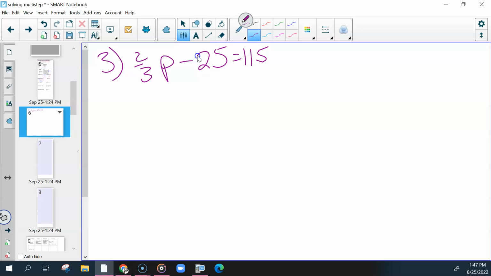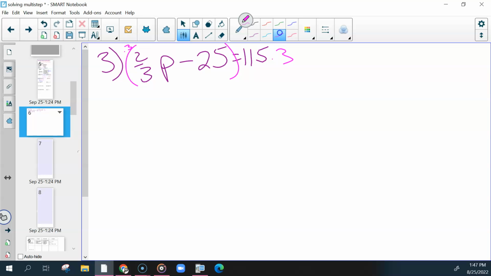Just like that other problem we did where we had to multiply the entire thing by something, we'd have to do that here as well. So to get rid of this 3 in the denominator, I'm going to multiply everything here by 3. But what I do to one side, I have to do to the other. This does say times 3, it's just really small.